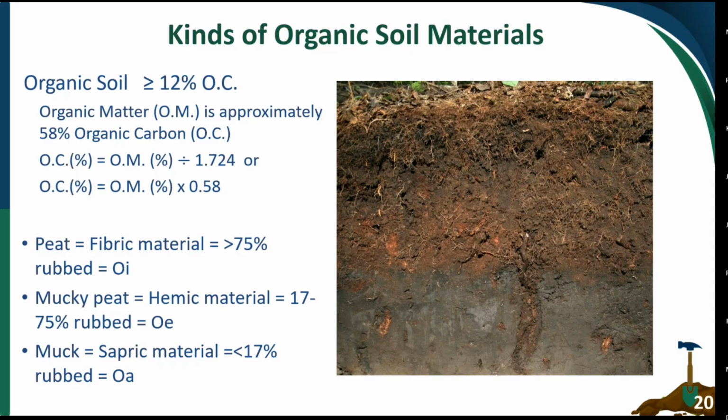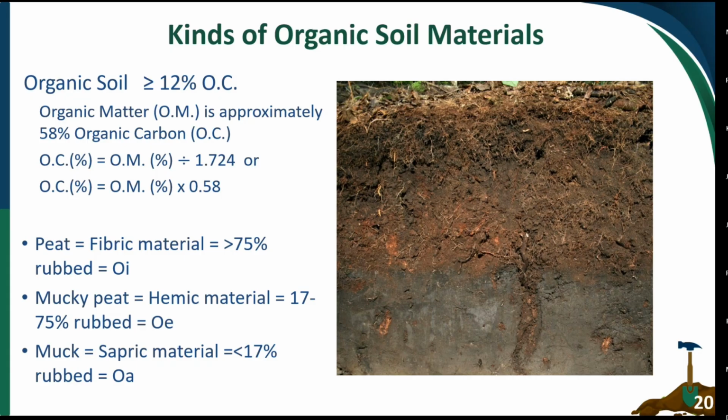For this, think about organic material that still has fibers to it, but is unrecognizable as to its original source. And commonly the colors have a reddish or orange tinge to them. Then lastly, muck or sapric material, from the Greek word sapros, meaning rotten.